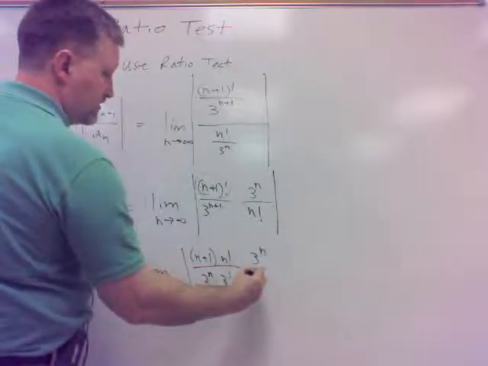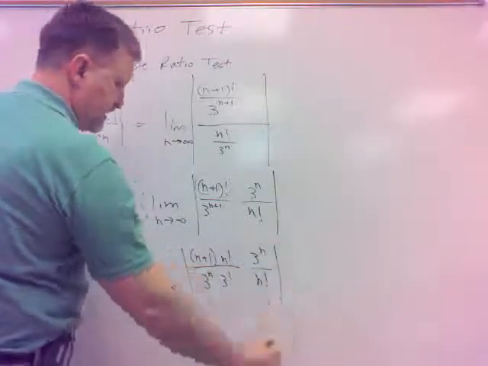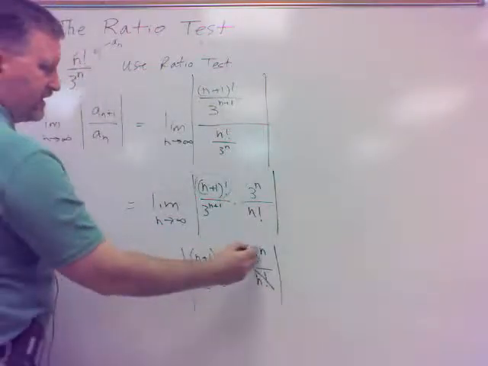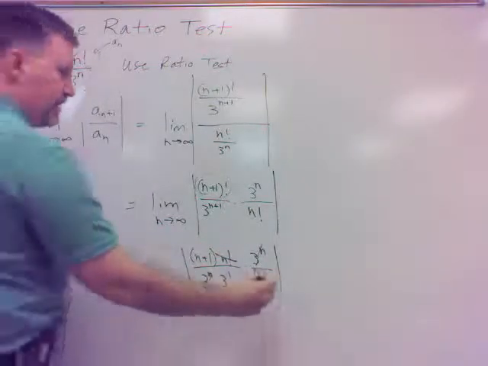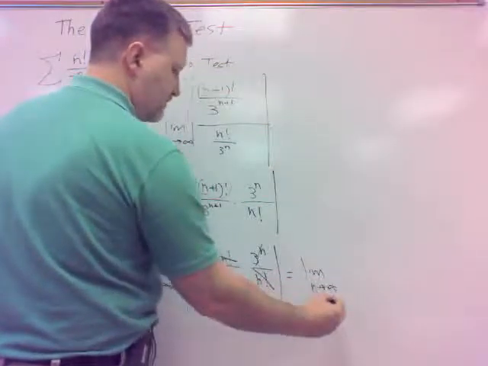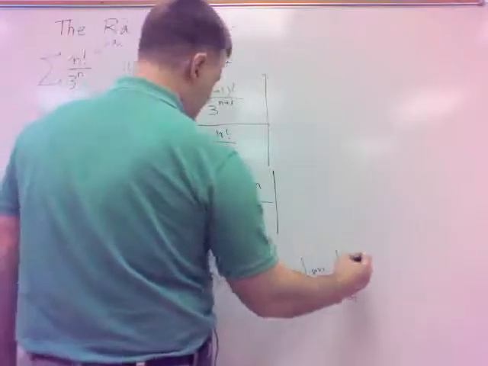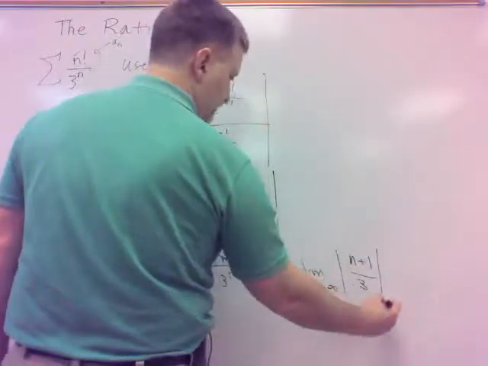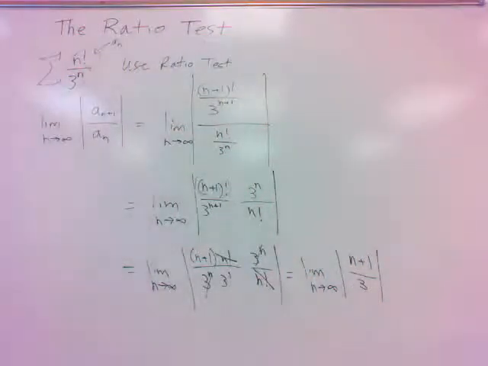Because that's also going to help us in our cancellation here. What can I cancel out then? Well, I can cancel out the n factorials, and I can cancel out the 3 to the n's. So I'll wind up with the limit as n goes to infinity of the absolute value of n plus 1 over 3. That's all I wind up with.